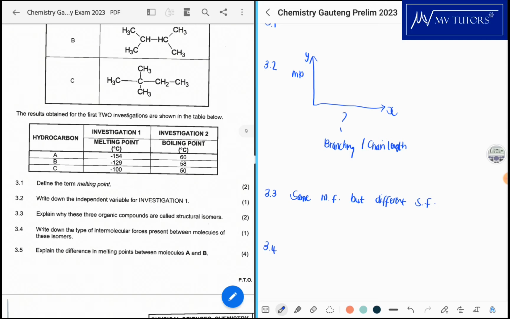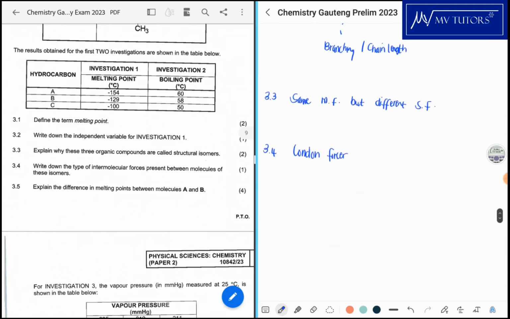In this case, we're dealing with hydrocarbons, so they are the weak intermolecular forces, and the type that I would address here, I would probably put the London forces, and it's only 1 mark, so yeah.